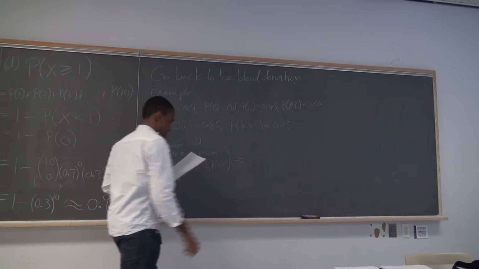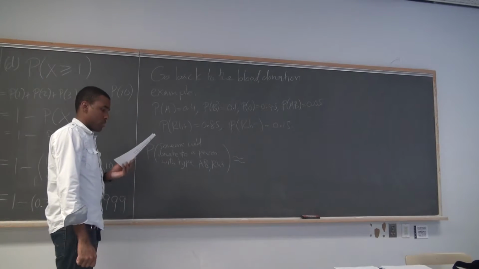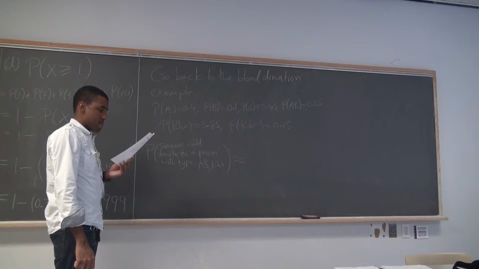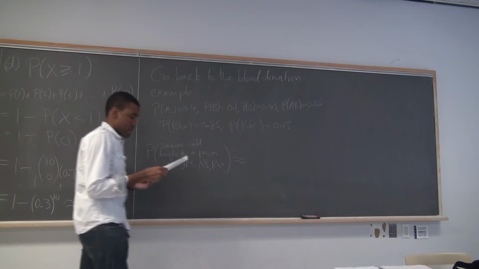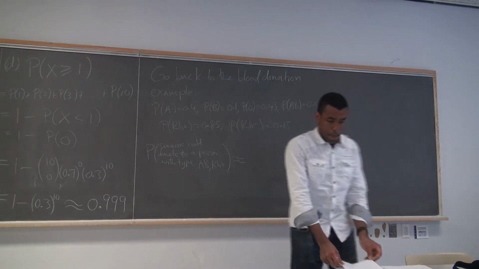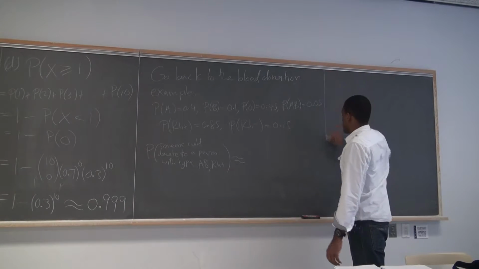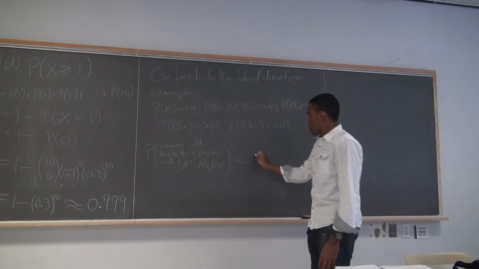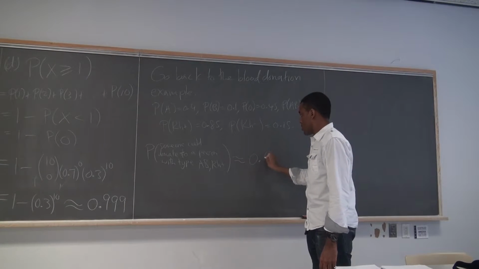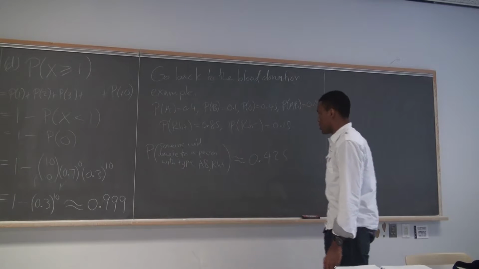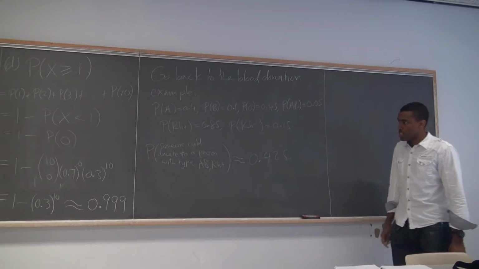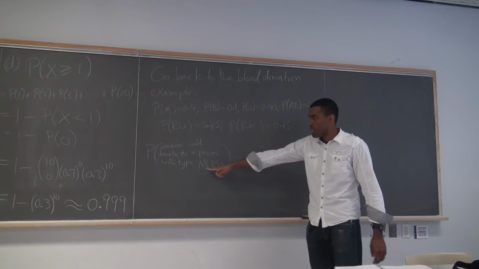That was what? Someone can tell me, so I don't have to do it again. 425. All right, so there's a 42.5% chance that someone could randomly donate.